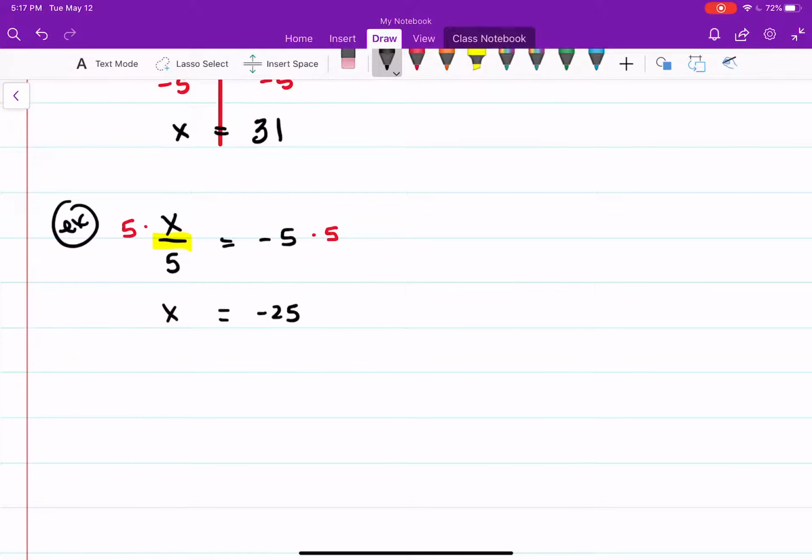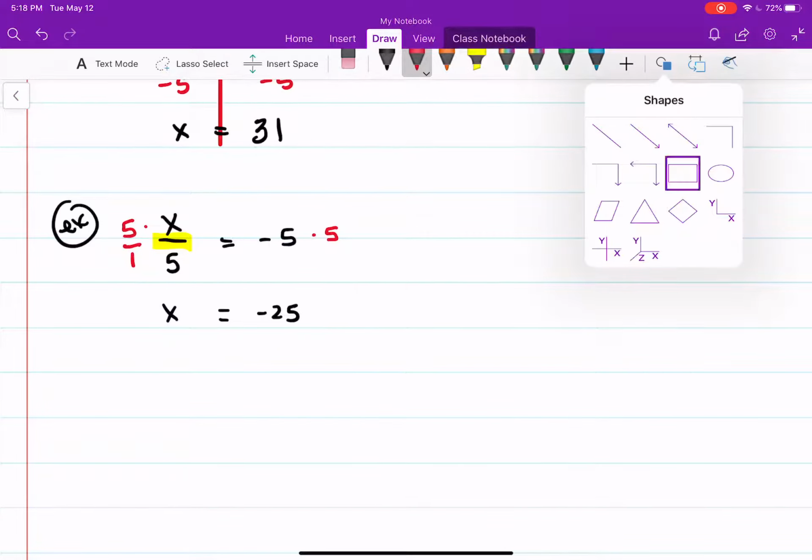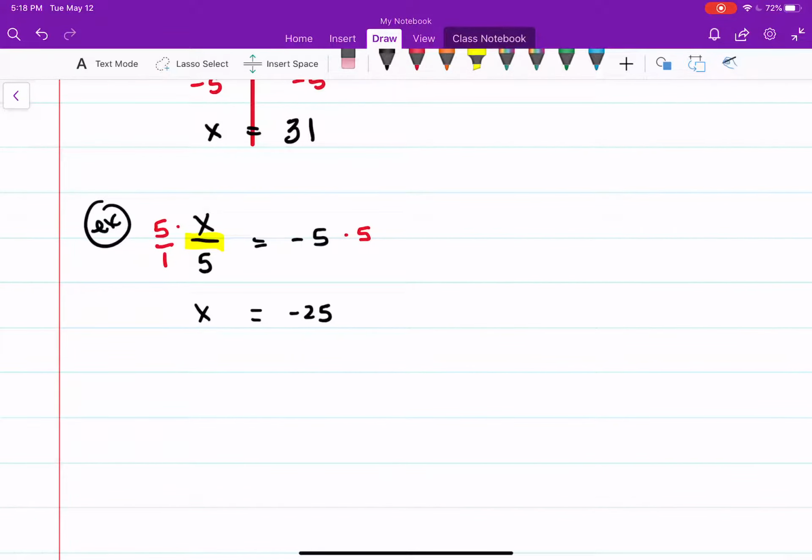Absolutely true, okay? Because on the left side here, when I multiply by 5, I can put it over 1. And that means I really have a 5 divided by 5, which is positive 1, x is equal to negative 25. You're absolutely right about that. I will not take that away from you. That's absolutely true, okay?